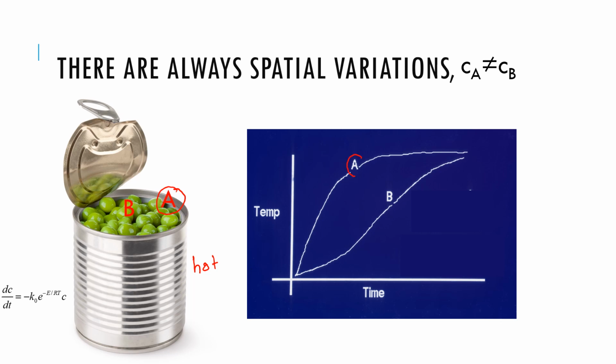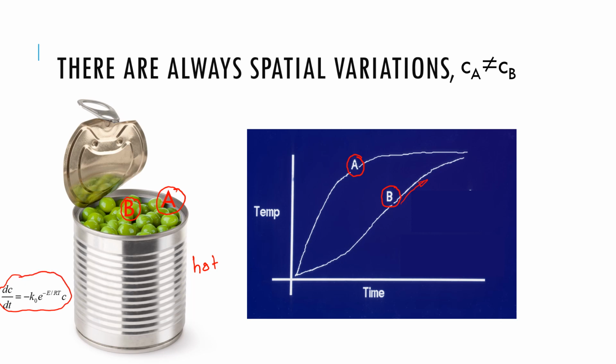So the temperature profile at A could look something like this, whereas B, that is inside near the center, the temperature profile will trail A, and it'll go something like this, and they're all approaching the surrounding medium temperature. Now, destruction of vitamin C has been shown to follow a first order reaction.